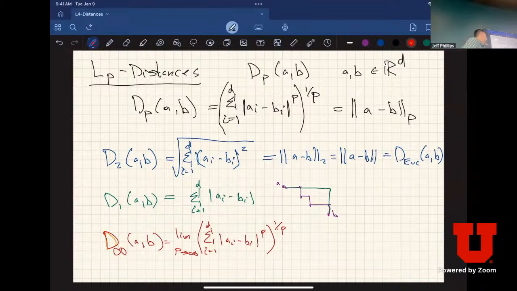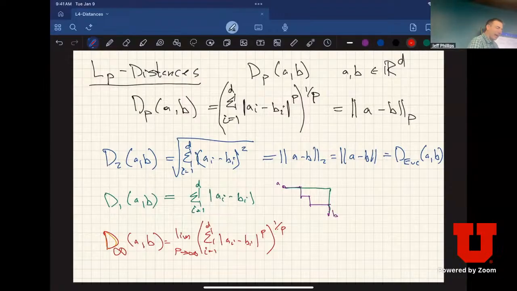Well, for everything, I'm taking it to a 1 over 1 millionth power. Before I did that, I took something to the millionth power. So those kind of cancel out. Yeah, so I want to think about what happens in the limit.